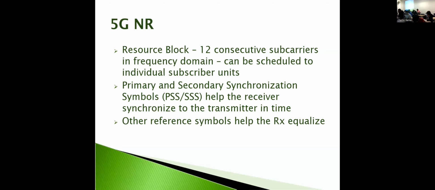And then there are also headers in the system that can tell the subscriber unit, hey, here's some other control plane information, look here, right? And then it will also tell it, and this is where the rubber meets the road, so to speak, that here is where your data is located, right?